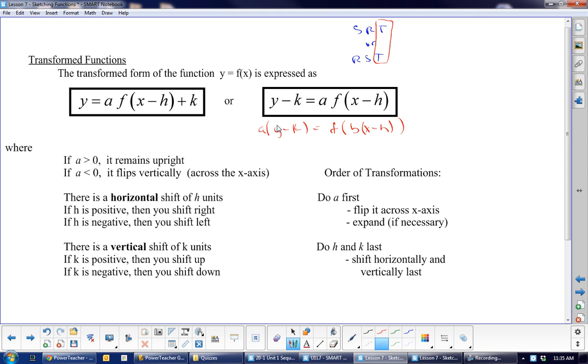And for those of you, again, that took 30, just beware of this, that if you ever see a y minus k equals f of b times x minus h.